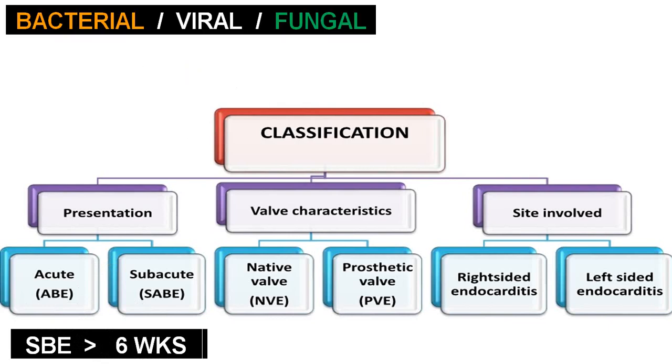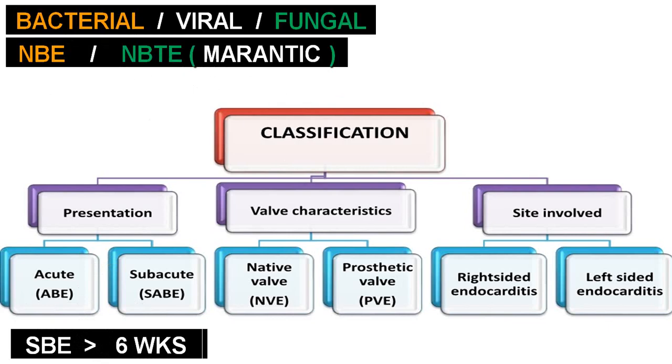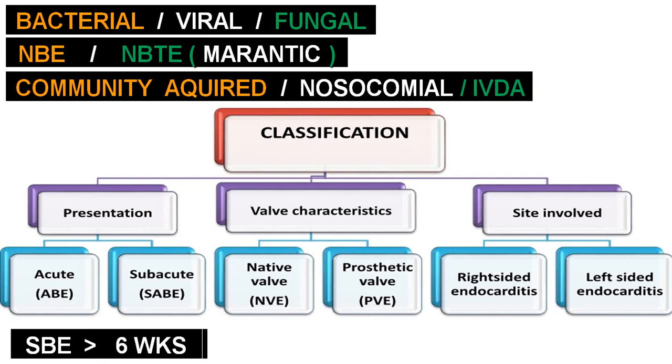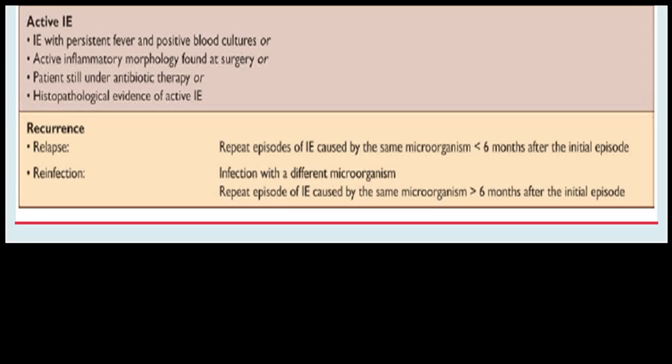Depending upon the etiology, bacterial, viral and fungal. If it is non-bacterial, you divide into non-bacterial and non-bacterial thrombotic endocarditis. We call it marantic endocarditis. Depending upon the organism, community acquired and nosocomial or IV drug abuse, etc.